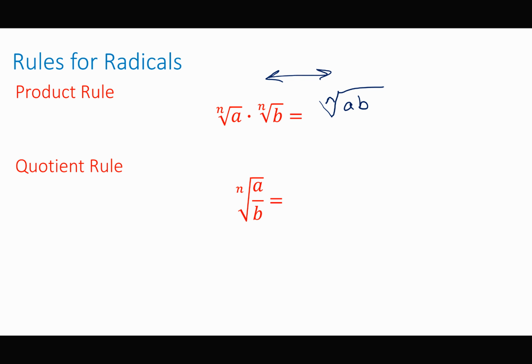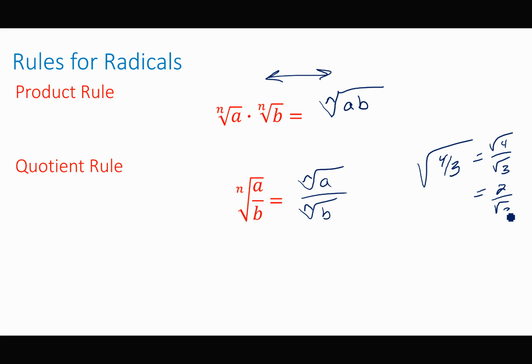Quotient rule. So this would be the nth root of a divided by the nth root of b. We can break up any quotient because sometimes it might end up being where, say it was the square root of 4/3, well, we'd say that's the square root of 4 divided by the square root of 3, which is actually 2 over the square root of 3.